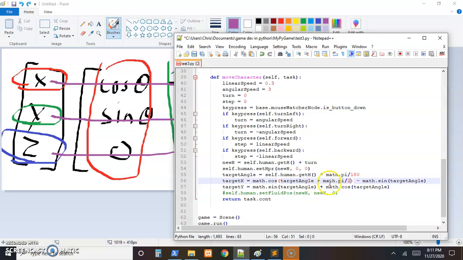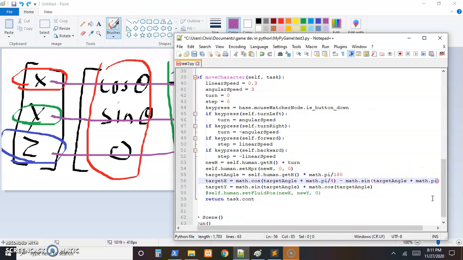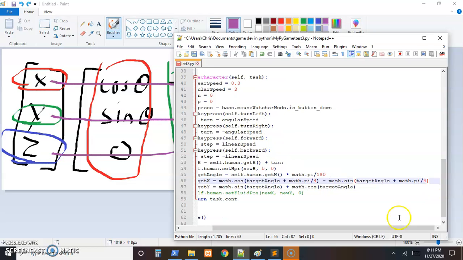But we want to split that up between both parts that make up our new component, so we need to split that in half again: math.pi divided by 4. There's more than one way to realize what the adjustment there is going to be.